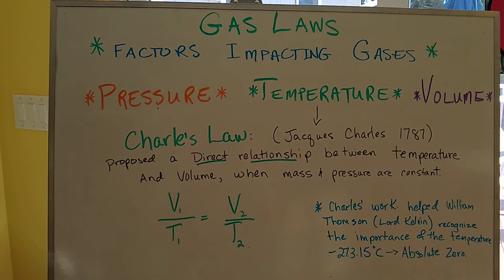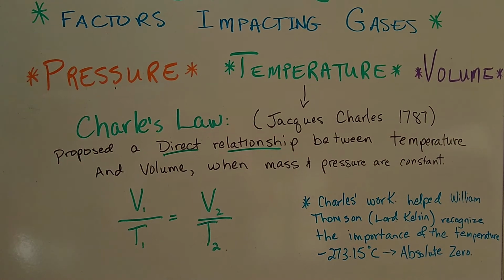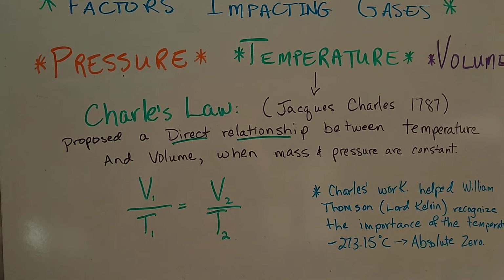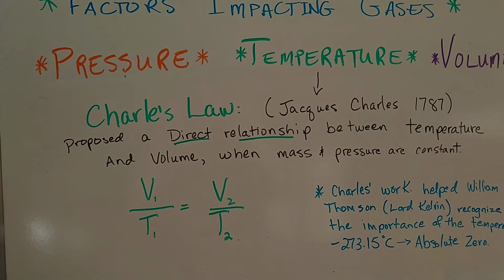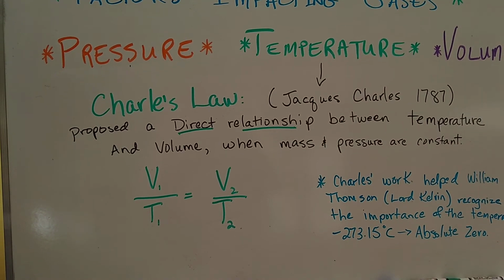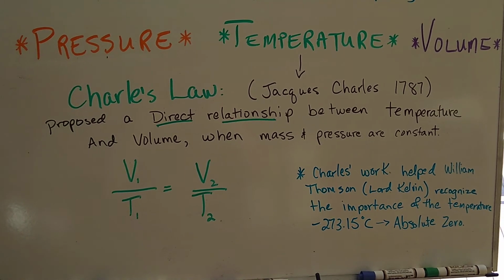The next factor we're looking at is temperature, and temperature is described by Charles's law. That's Jacques Charles, 1787. He was French. He proposed a direct relationship between temperature and volume when mass and pressure are constant.